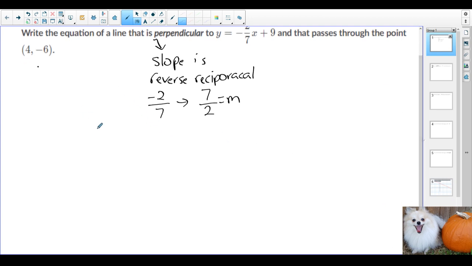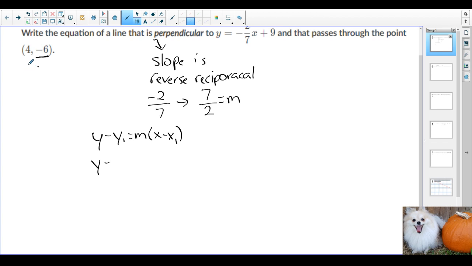If we have slope and a point, we can use point-slope form, which is y minus y sub 1 equals m times x minus x sub 1. And then what we're just going to do is substitute in our values. So y is happy being y, minus our y value.